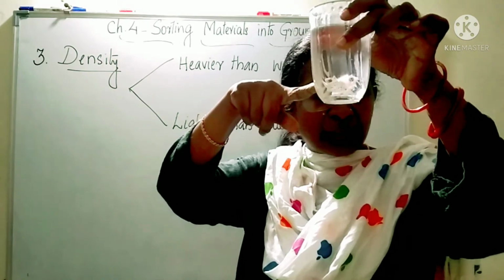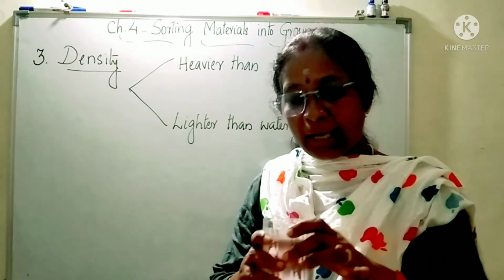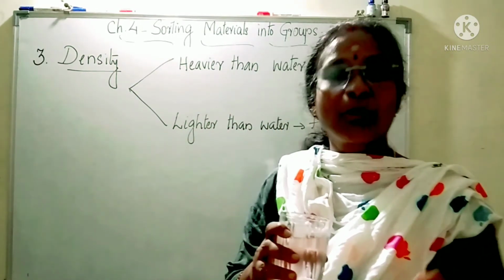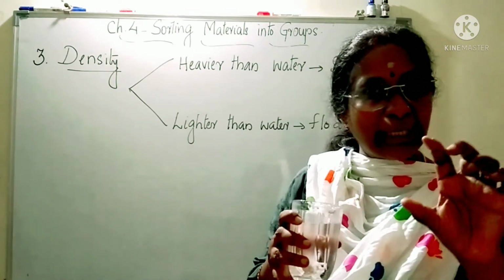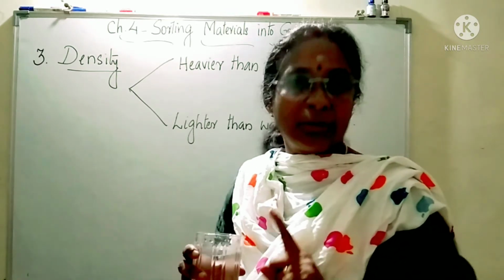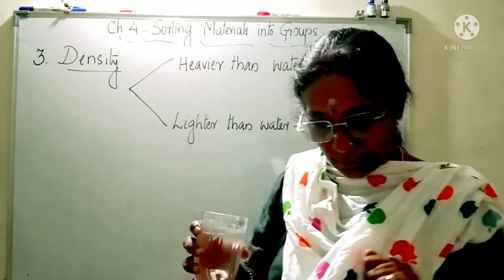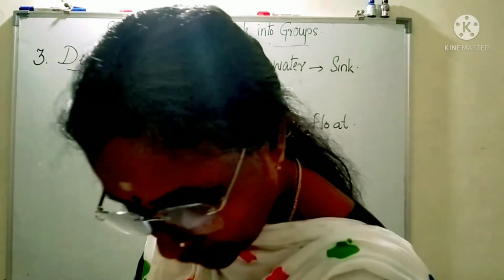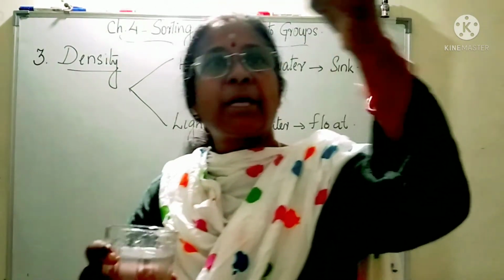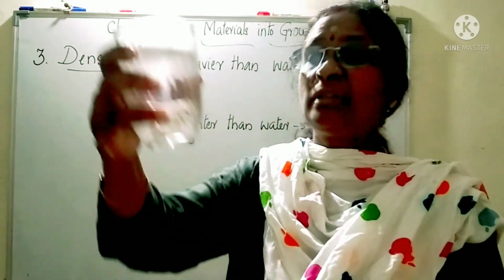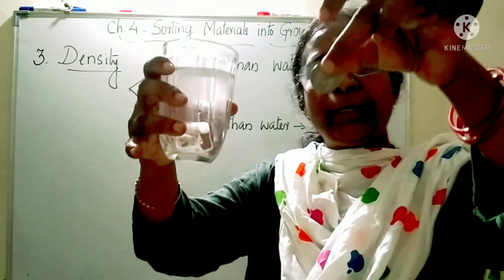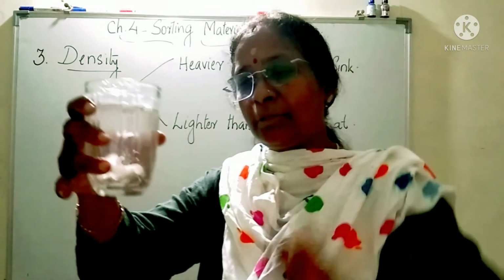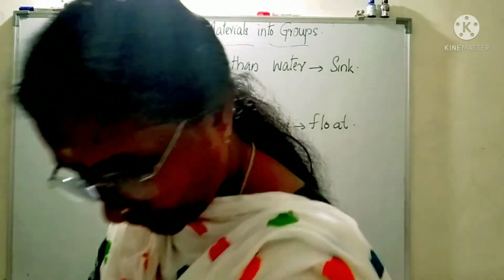It is sinking. It will sink if the weight or the density of that material is more than water. I'll show you a few more things which will go down. See, I took a chalk. It has gone down. This is a coin. That also is going down.